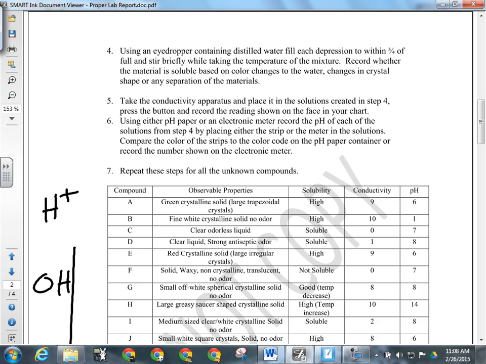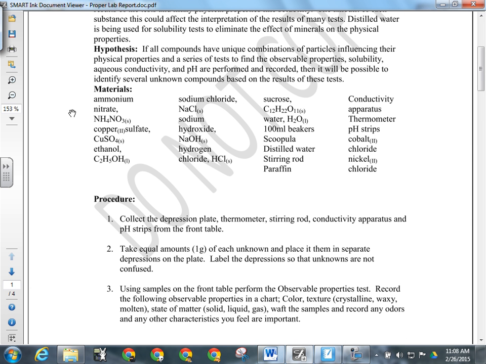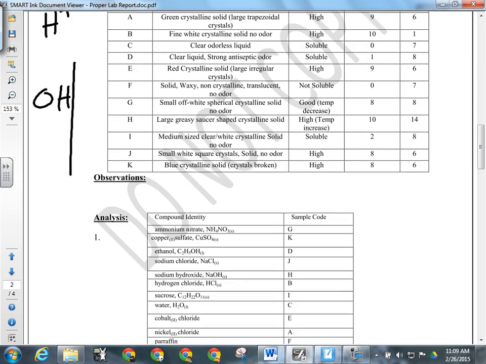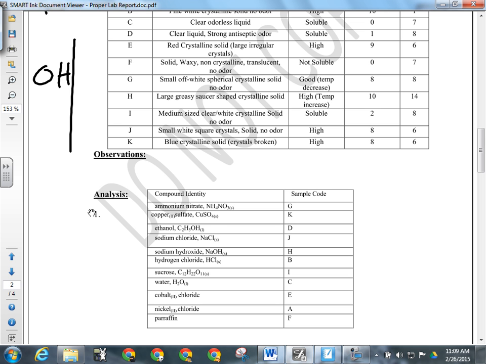Okay? So I go back up to here. That's molecular. It's solid. And last time I checked, sugar is crystalline, right? Unless it's icing sugar, but generally sugar is crystalline, right? Okay, so that's what that one is. I had a lot of people also confuse sugar and salt. And the thing that should have been separating sugar and salt was this, the conductivity.